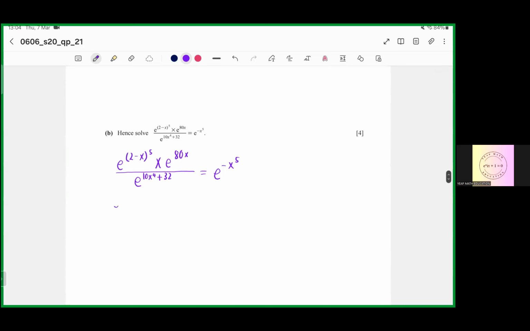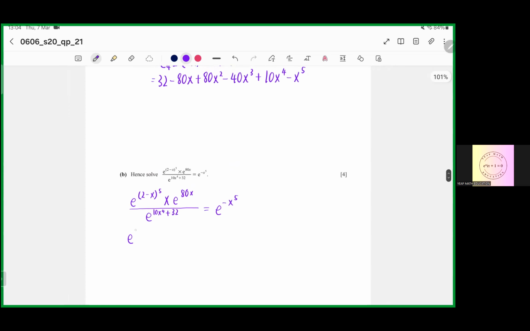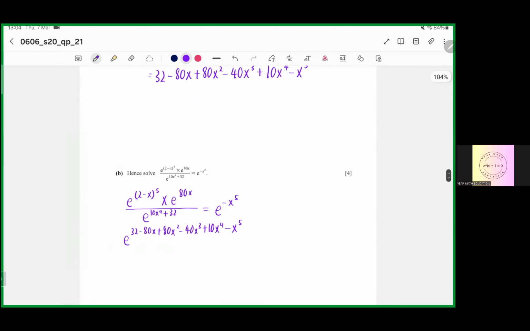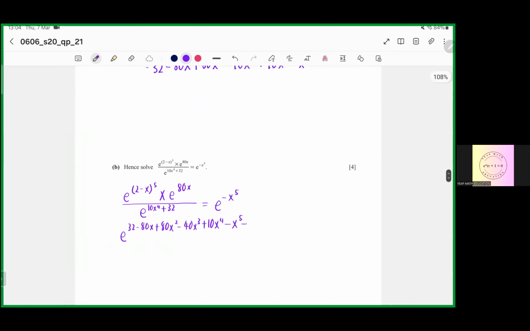Okay, we can take this value e, and it becomes 32 minus 18x plus 18x squared minus 14x cubed plus 10x to the 4 minus x to the 5. Okay, and then here, plus 18x minus 10x to the 4 minus 32 equals e to the negative x to the power of 5.